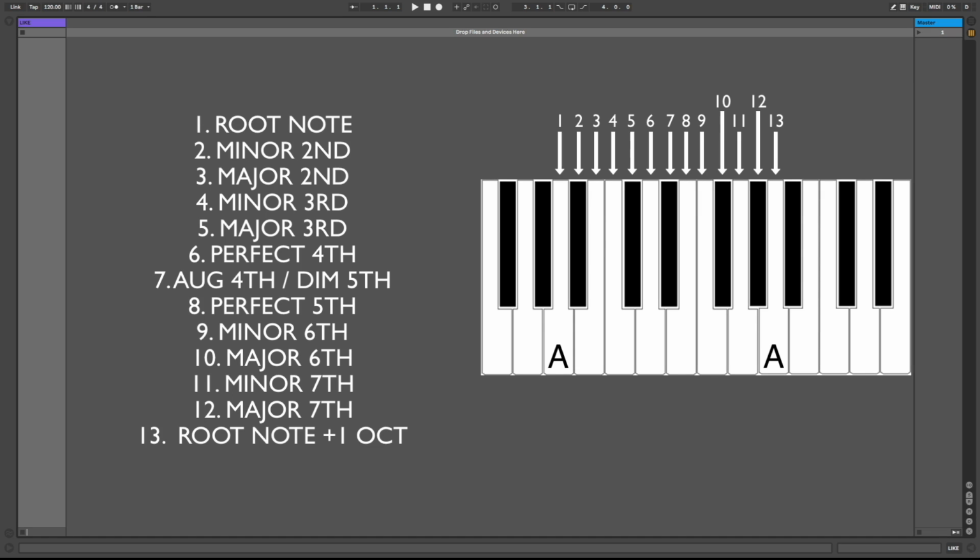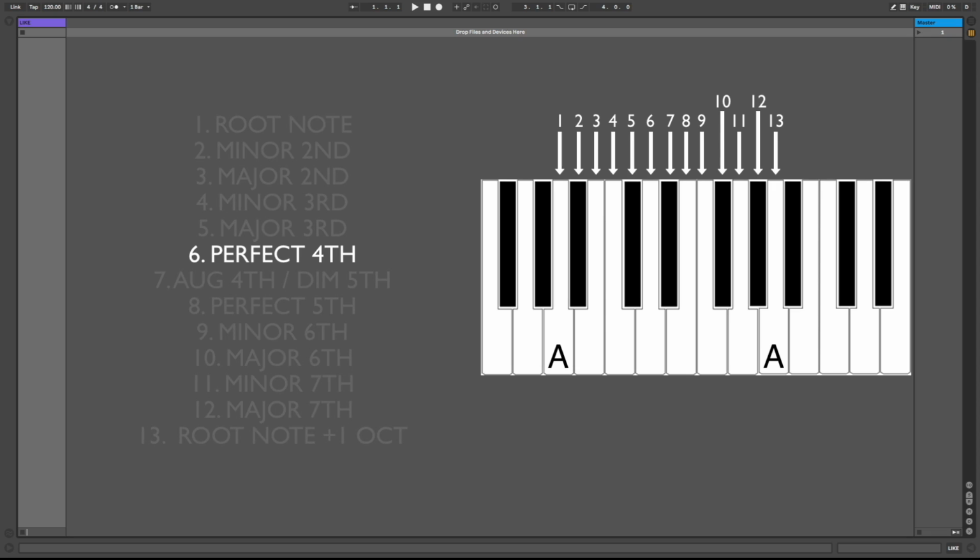For example, the 6th scale degree, which is 5 semitones above the root note in the chromatic scale, is also called a perfect 4th interval. So when I was going through all the scale degrees and I was saying the second note is a minor second scale degree, this can also be known as a minor second interval.